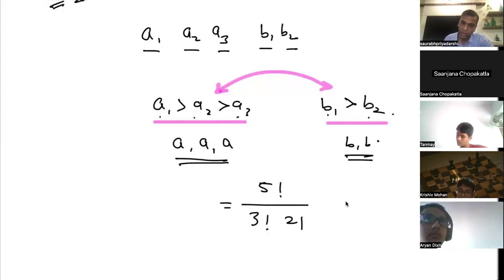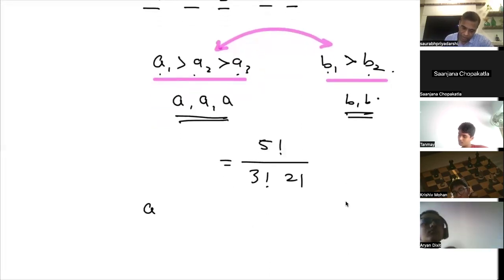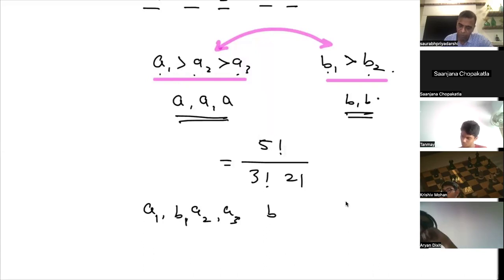Right? Now, this is A, this A and B can be arranged in any ways, right? So we are writing A, B. So this A you are writing A1, A2, A3. This B you are writing B1 and B2. So you are arranging this in one way.